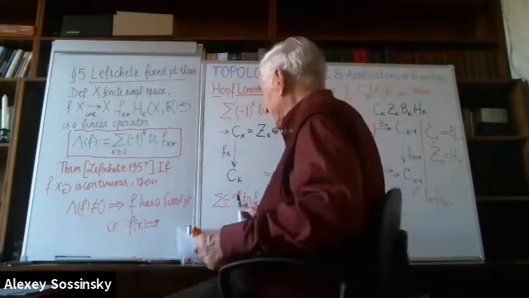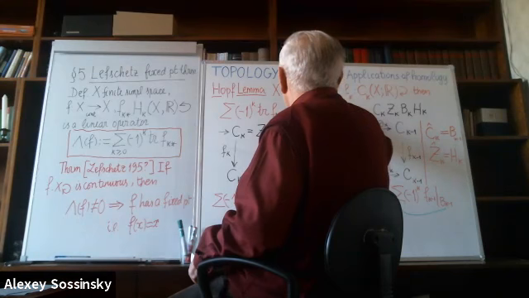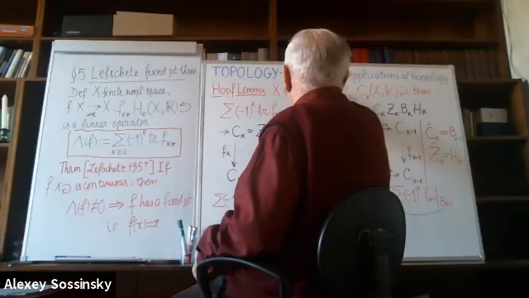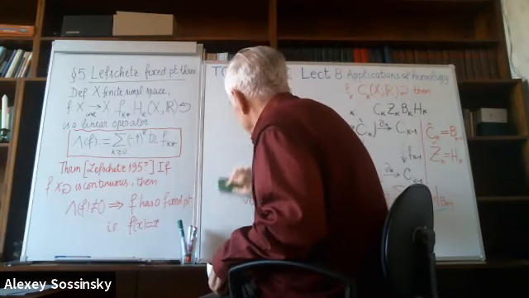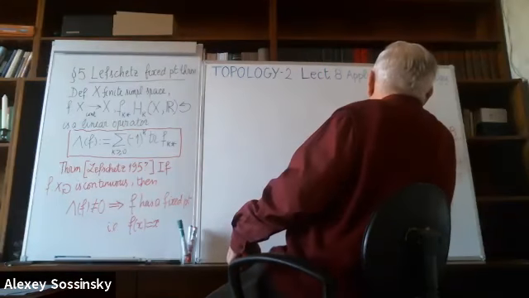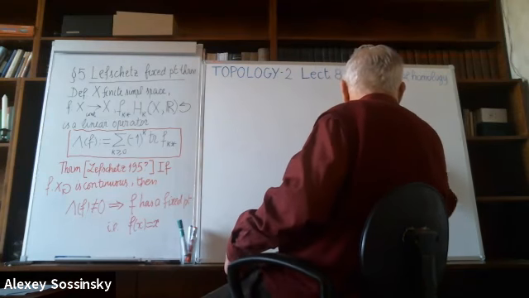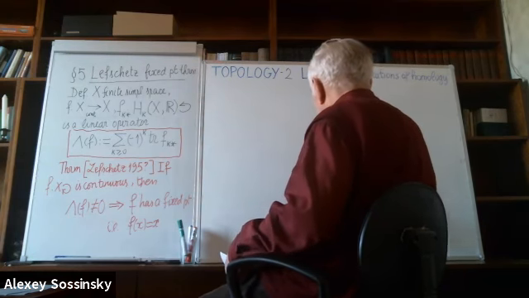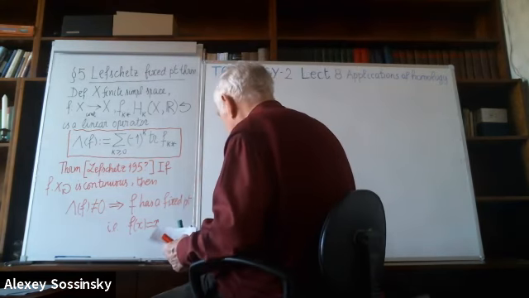So our next step is to prove the Lefschetz theorem by using the Hopf Lemma, which, well, I have to erase it, unfortunately, but hopefully you've written it down, and when I'll need it, you'll remember what it is. So this is going to be the proof of the theorem.